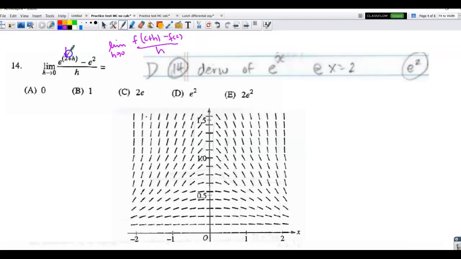So c, the value of x that we're going to evaluate the derivative at, is 2. The f function is e to, if we take the guts out of that thing and put it back to original, the original function is e to the x. So this is the derivative of e to the x at x equal to 2. The derivative of e to the x is e to the x. When we substitute 2, we get e squared.